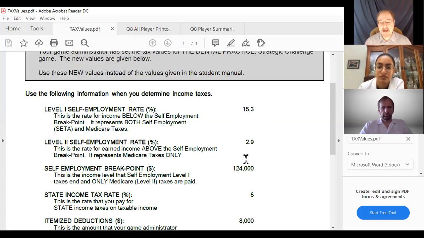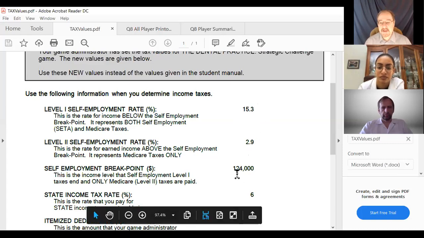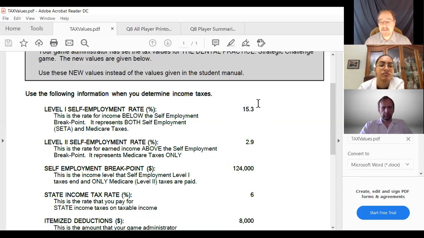At any rate, this 15.3% of your profit in the simulation, you owe no matter what, and you owe that amount up to $124,000 of profit in a given year. Beyond that 124,000, this amount drops away, but there's a remaining 3%, or almost 3%, that's paid for Medicare. So this is Social Security and Medicare tax.